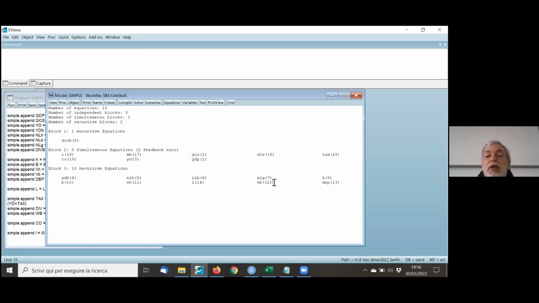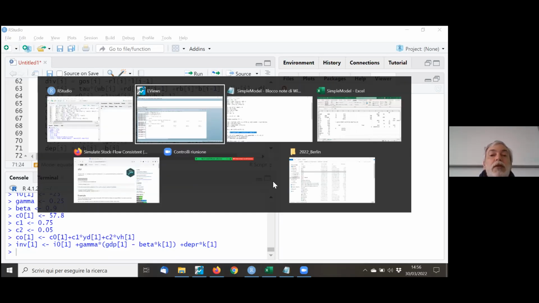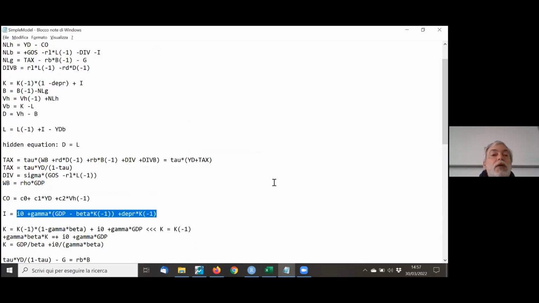VB is 0 and deposits, we wanted deposits to be equal to wealth less bonds, right? Yes.